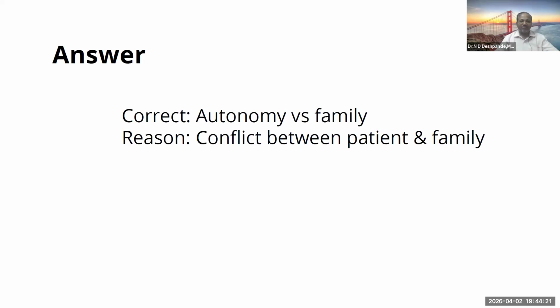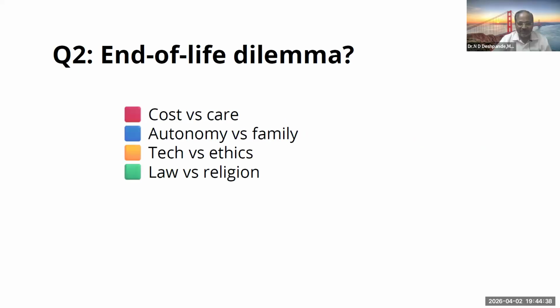Because family may have its own whims and fancies that the person should live long, but the patient himself knows internally that he wants to keep the support aside and live alone. So the conflict between patient and family, autonomy versus family, is the correct answer. End of life dilemma is not just about cost versus care, not just technical versus ethics, not just religion or law, but about autonomy versus family.